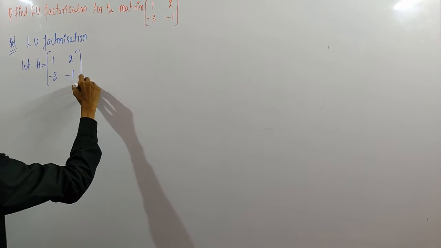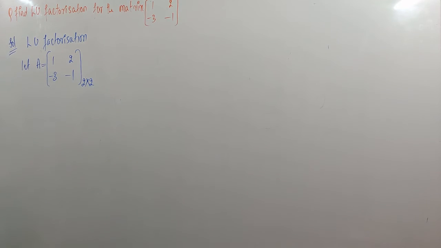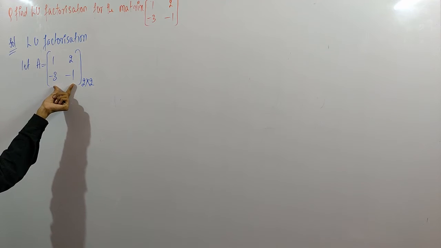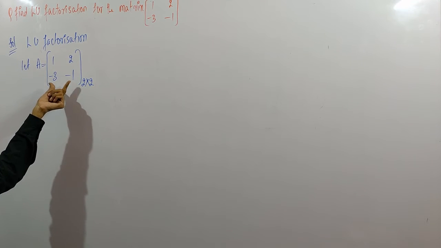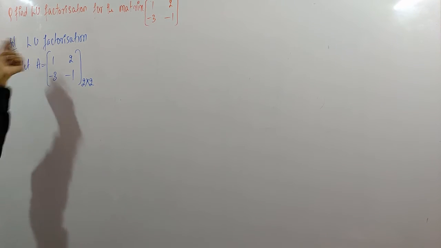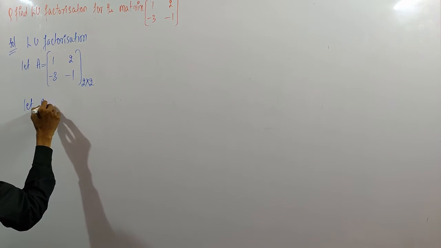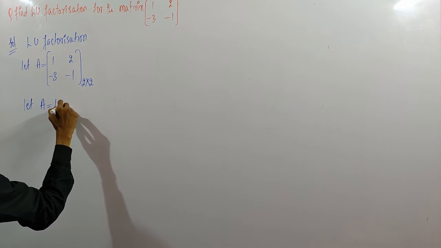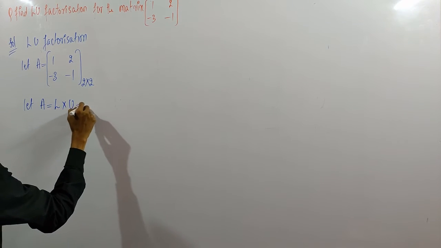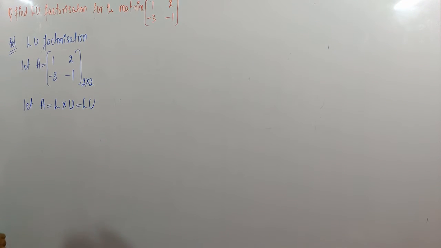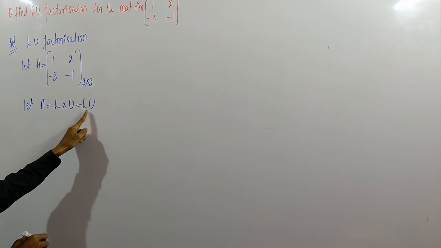Here we have been given a 2 by 2 matrix. We want LU factorization, which means we have to split this A matrix into a lower triangular matrix and an upper triangular matrix. So we have to take A as the product of L into U.